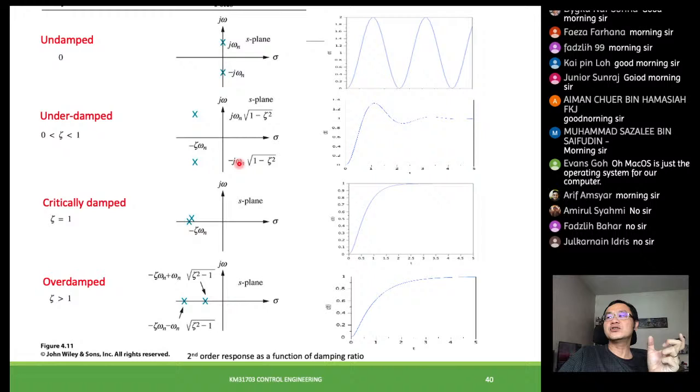When it equals 1, it is now critical, and you have equal real solutions. When it is more than 1, it starts to break into two real poles and you have an overdamped response. So it's much easier for you to visualize through this damping ratio instead of using the previous method.